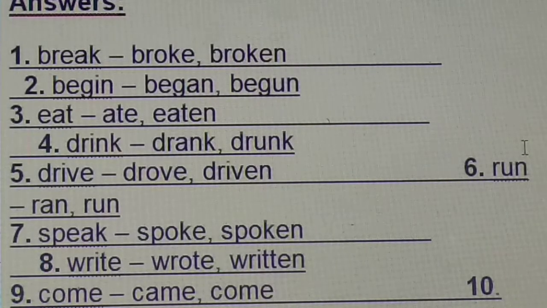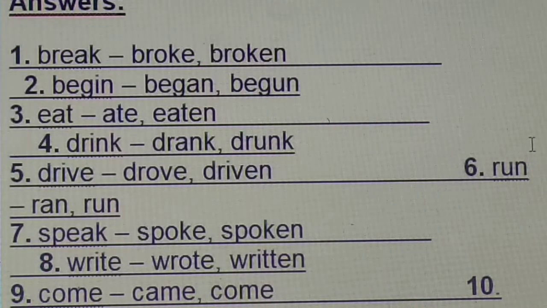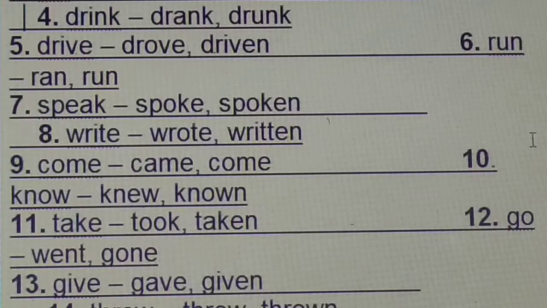Speak, spoke, spoken. Write, wrote, written. Come, came, come. Know, knew, known. Take, took, taken. Go, went, gone.